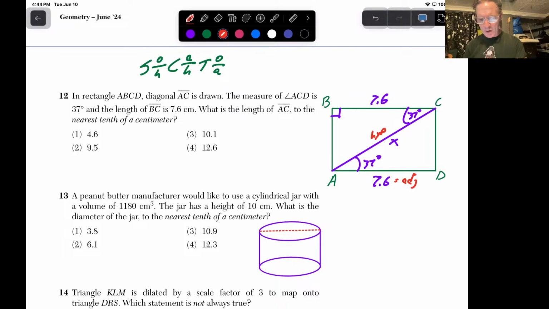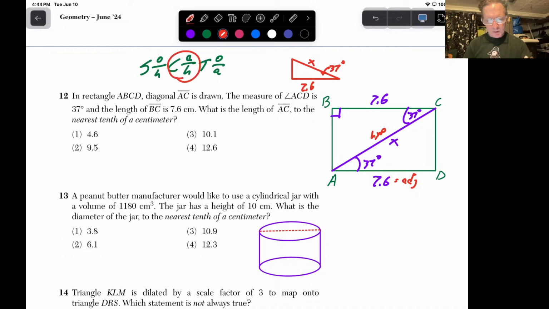If it helps, just draw it as a right triangle, where we have 7.6, X, and 37. So we have our adjacent side, and we're looking for our hypotenuse.